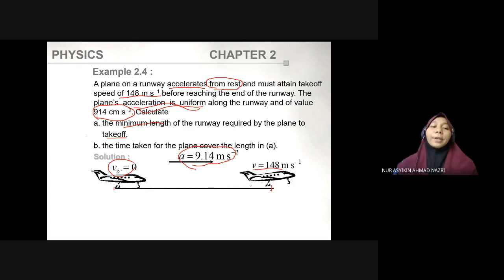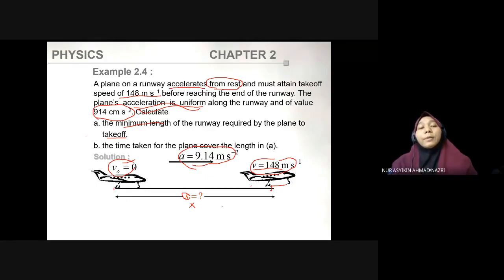So from rest to a value of speed, which is just before it actually takes off. So what is your X? X, not S. What is the value of X?